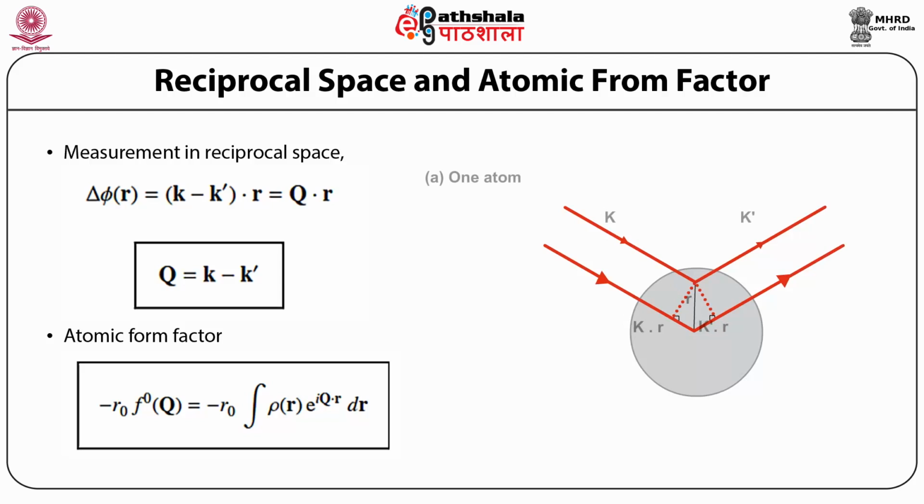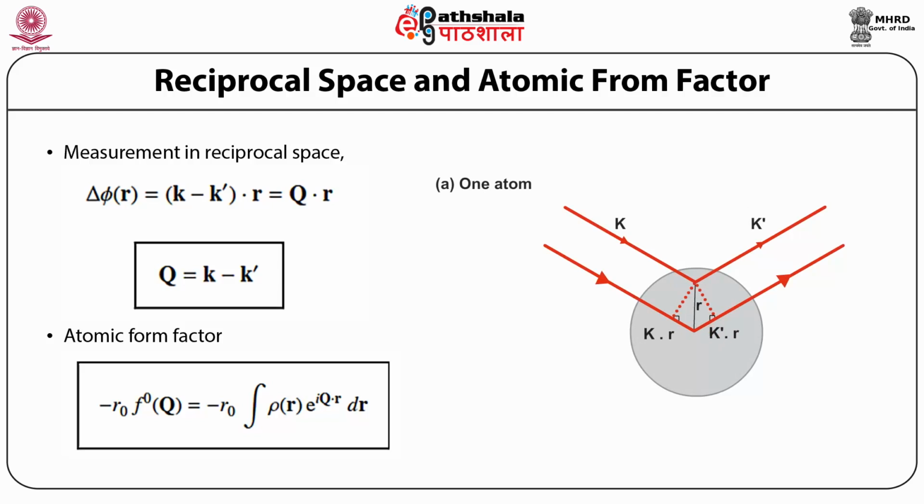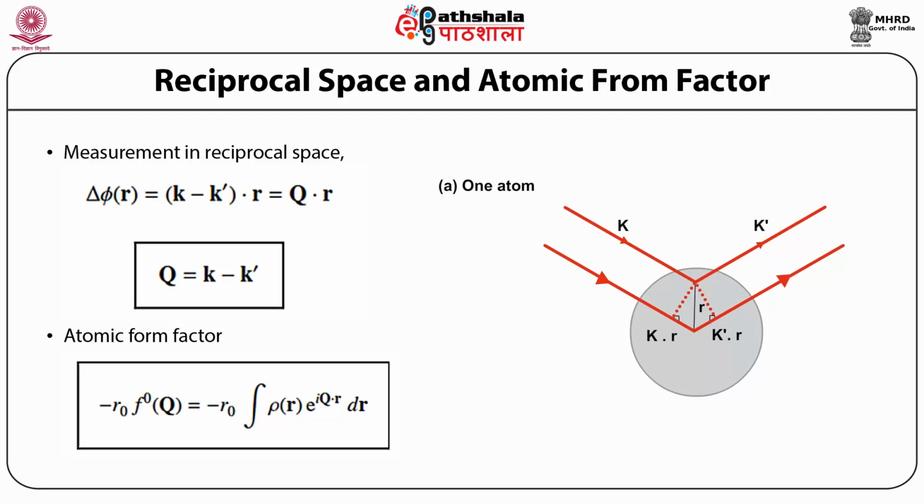That scattering power of an atom is represented in the form of something called the atomic form factor, and this atomic form factor is defined in the equation below. So f0(Q) means we are talking about reciprocal space. Q is a wave vector transfer, as you can see in this equation, K minus K dash.